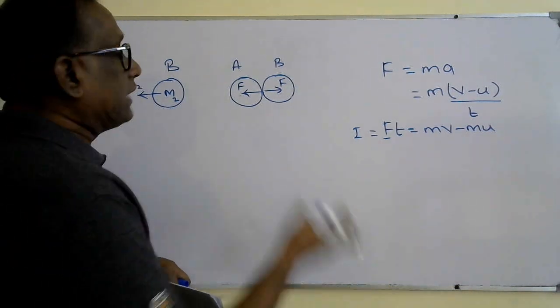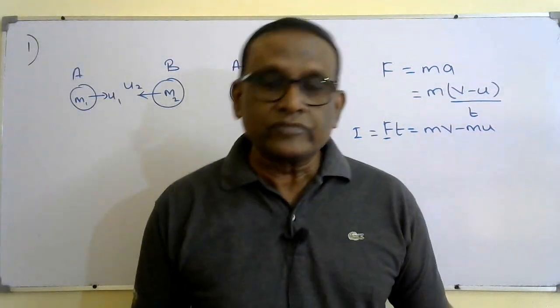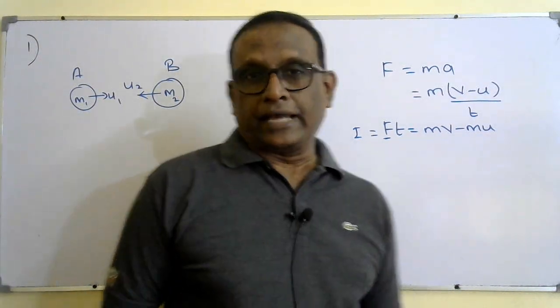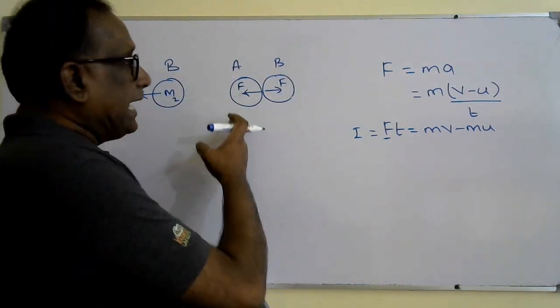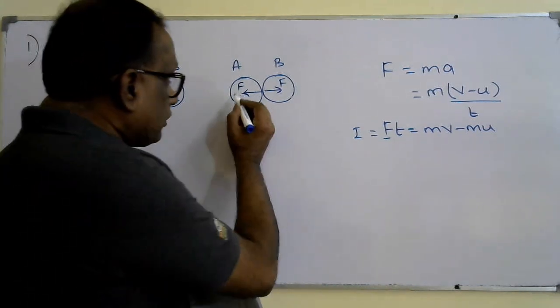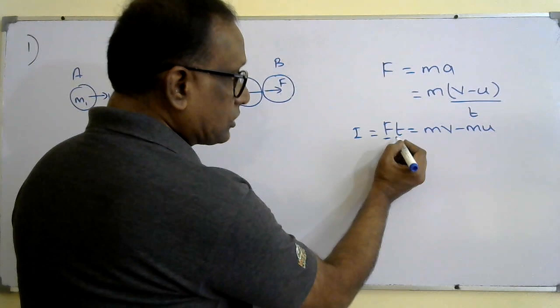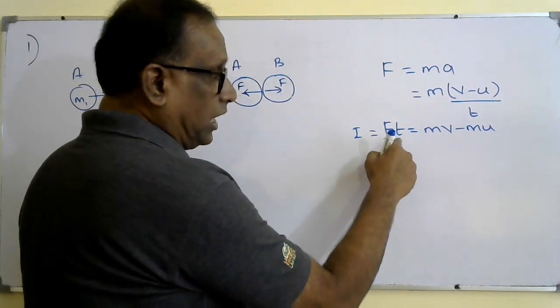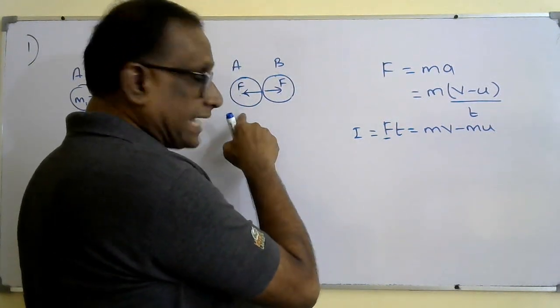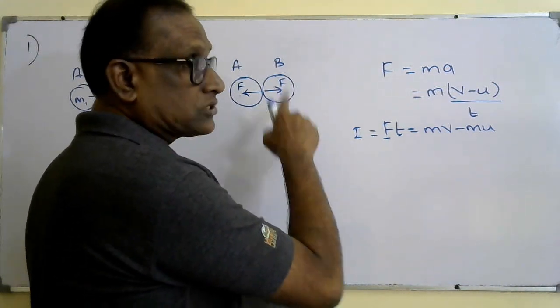And I already said that both will have the same magnitude of force according to Newton's third law. One of the properties of a Newton's third law pair of forces is that A is exerting force on B while B is exerting force on A. Both exert force on each other during the same time, so the time will also be the same for both. The time duration A experiences the force will be the same as the time duration B experiences force.